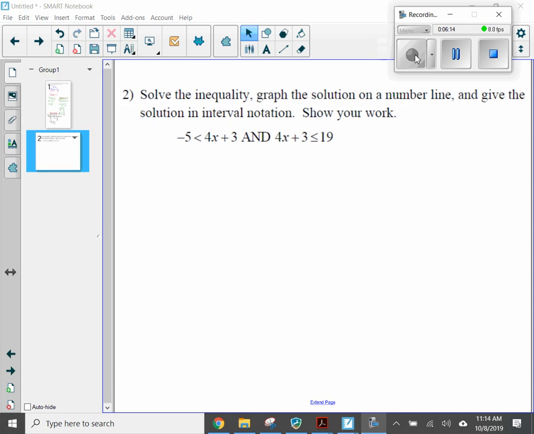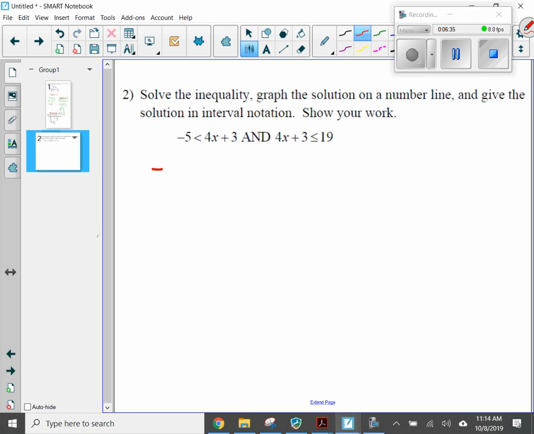So with this problem, I have an and compound inequality. So and means it has to solve that, and it has to solve that. So again, I'm going to get my x all by itself, so I'm going to subtract 3 from both sides.